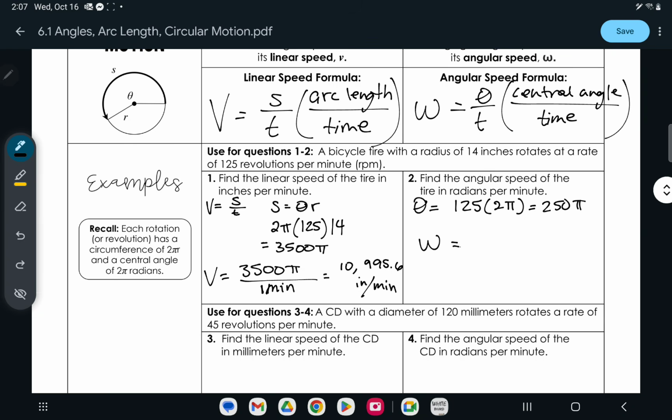So our angular speed is the central angle change over time, which is 1 minute, to give me about 785.4. That is in radians per minute. All right.